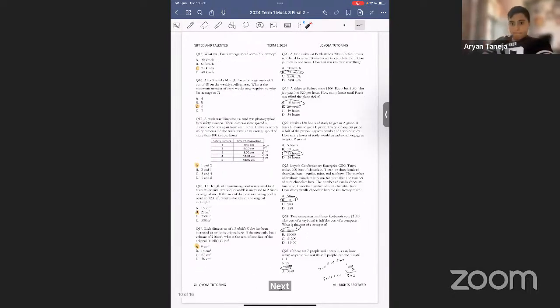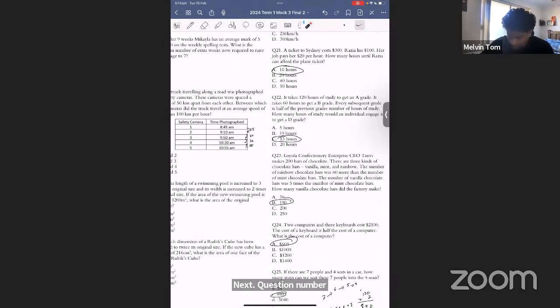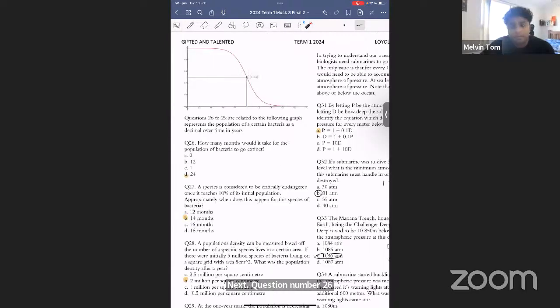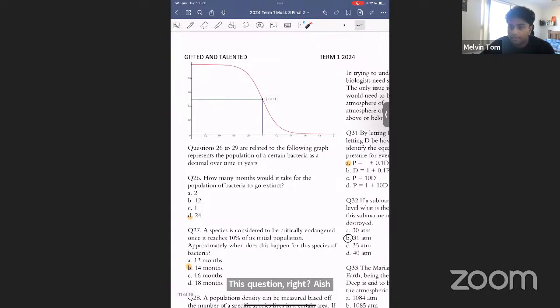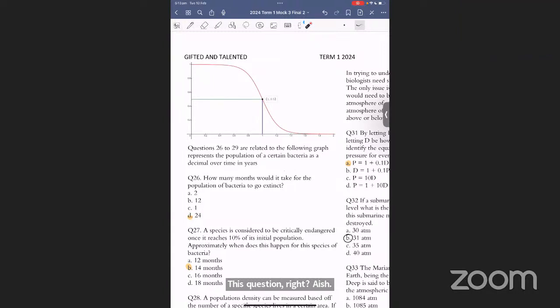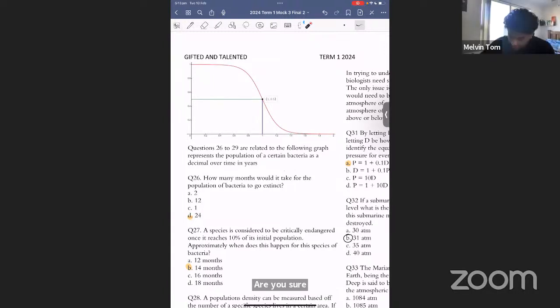Question number 26. This question, right? Ayush? Yep. So it says the following shows the graph of a certain bacteria's decline over time.